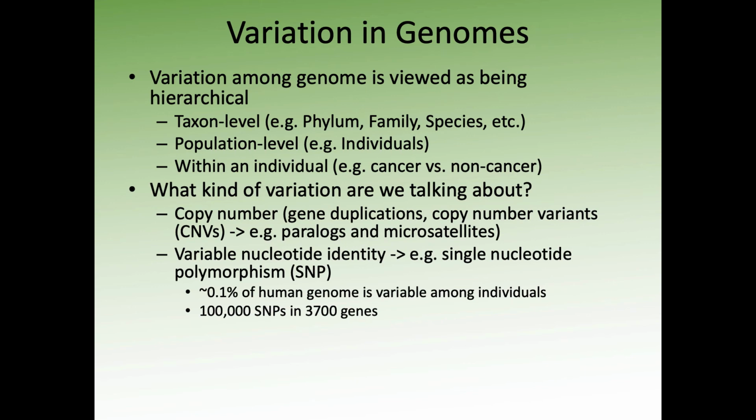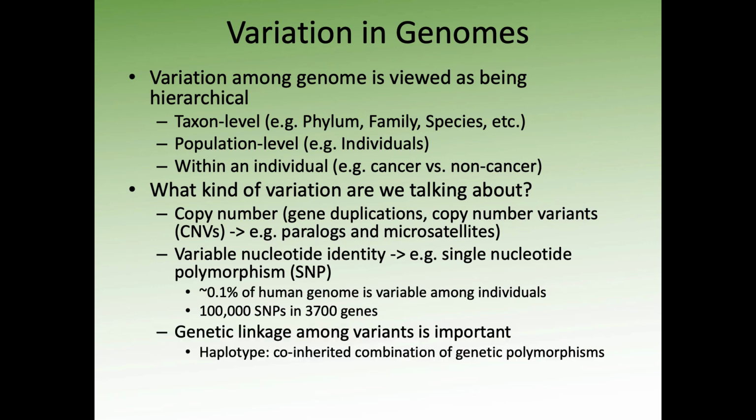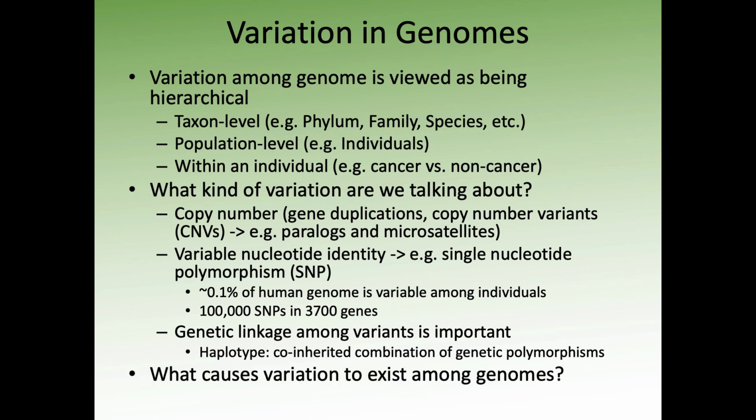Specifically in genomics, a lot of times we're looking at what are known as single nucleotide polymorphisms, or SNPs. And then the other area where we see variation is in the linkages among variants. A lot of times linkages can be subverted or different among individuals or taxa because of recombination or other things that have changed the co-inheritance or the co-expression of various types of genes and genomes.